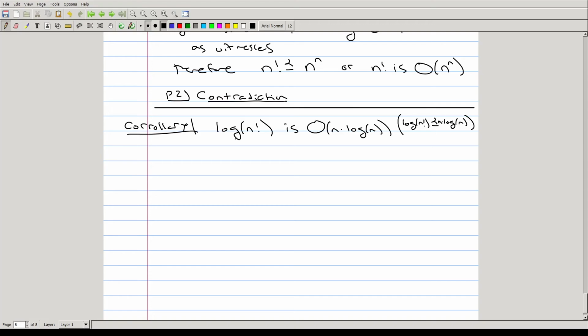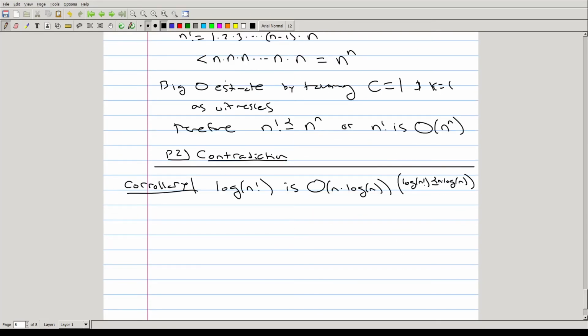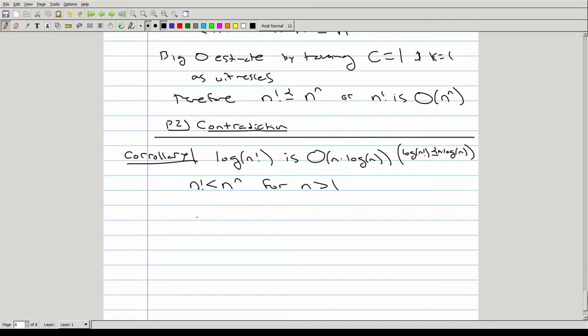And the reason that this is a very immediate corollary is that we've shown up here that n factorial is strictly less than n to the n for n greater than 1, and therefore log of n factorial is going to be less than log of n to the n, which is n times log of n.